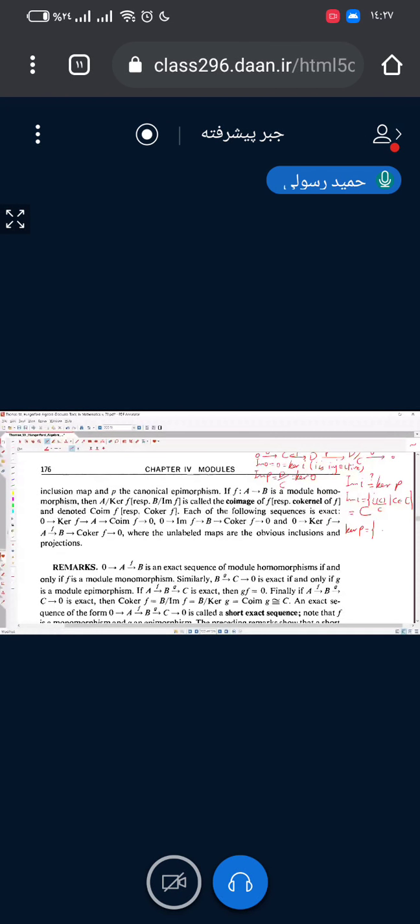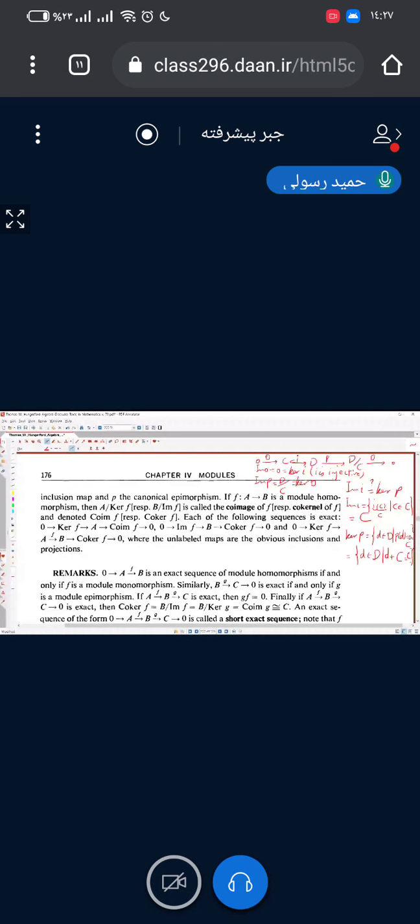But the 0 in D on C is C. So this is the set of all d in D such that P of d, meaning d plus C, equals C, and d plus C equals C is equivalent to d being in C. So the set of all d in D such that d is in C equals C. As you see, both of them are equal to C, and so the image of I equals the kernel of P.